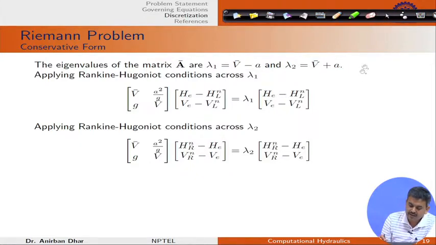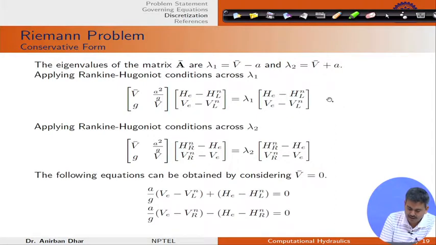With this condition, we can write our governing equations for a particular face using our Riemann problem.